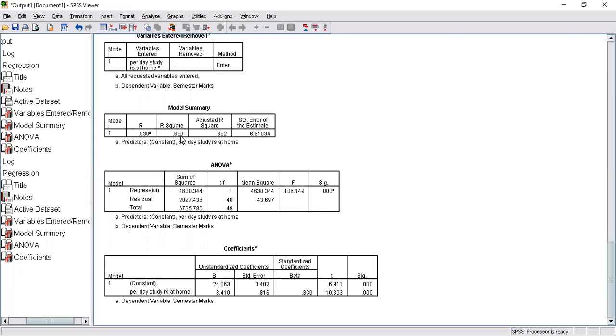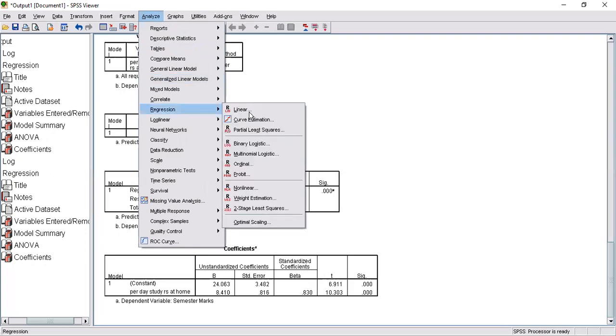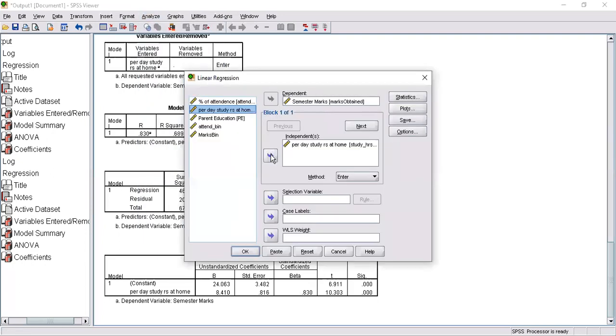Hence, we are getting more than 100% of variation explained. So in place of doing two simple regressions, it is better to do one multiple regression. And now I transfer both variables into the independent case.